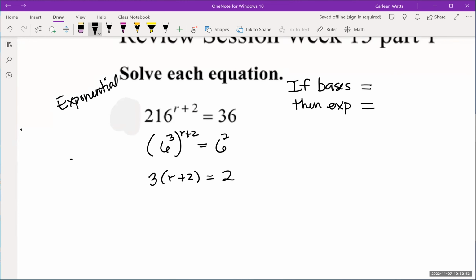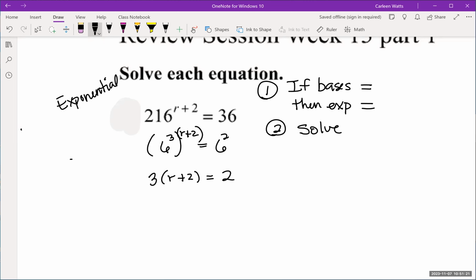Everyone see that it's 2? Because if the bases are the same, then the exponents are the same. Notice we're going to have to distribute that, right? Don't forget those parentheses. Okay. So step one, if the bases are the same, then the exponents are the same. Step two, solve.